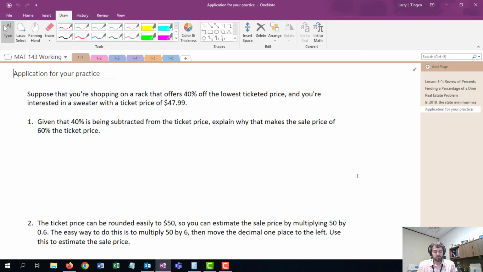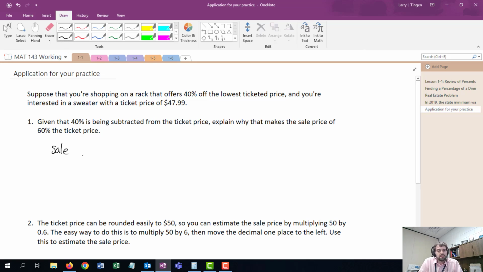So we know, as we said in one of the first problems in this section, that if 40% is being subtracted, that means 60% of the ticket price is what's going to remain. So I want you to think of it this way. What is my sale price?